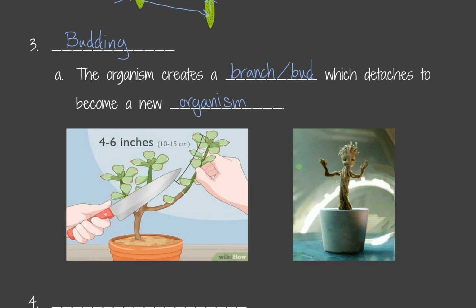So this is pretty common in a type of plant called a succulent, where what they're showing here is cutting off a branch, and then you can just take that branch and put it into the soil. Just stick the branch into the soil and it will eventually develop roots and it will grow into a whole new plant. You may have seen something similar in Guardians of the Galaxy, where they took a branch from Groot, stuck it in the pot, and it eventually grew into an entire new Groot. That is actually something that succulent plants can do.